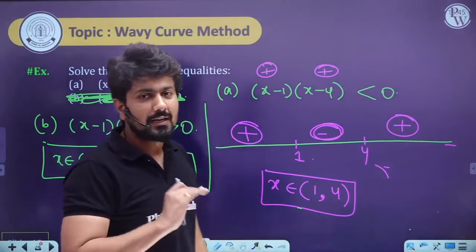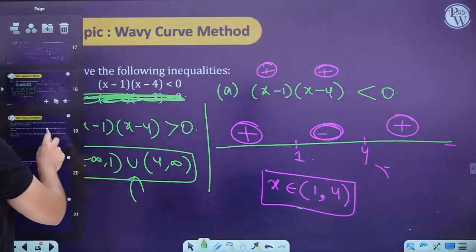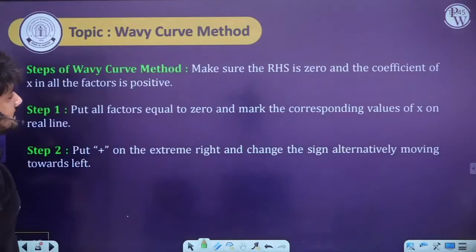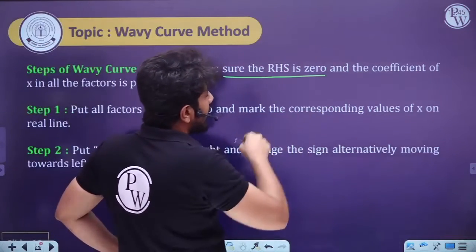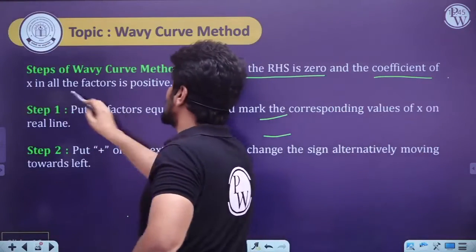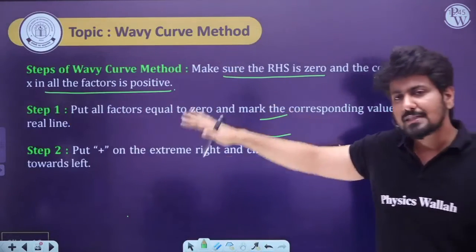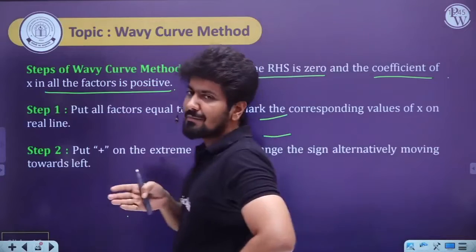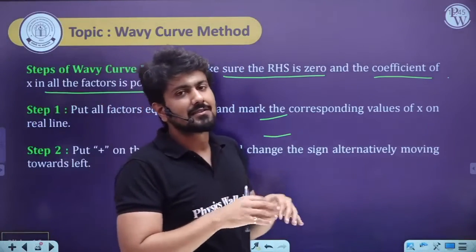Okay. Now let me summarize the steps. Let me give you the steps for how we deal with this. So the steps for that: make sure the RHS is 0 and the coefficient of x in all the factors is positive. This is the first step. Because as I told you, we use the Wavy curve method only to comment on whether the product will be greater than 0 or less than 0.